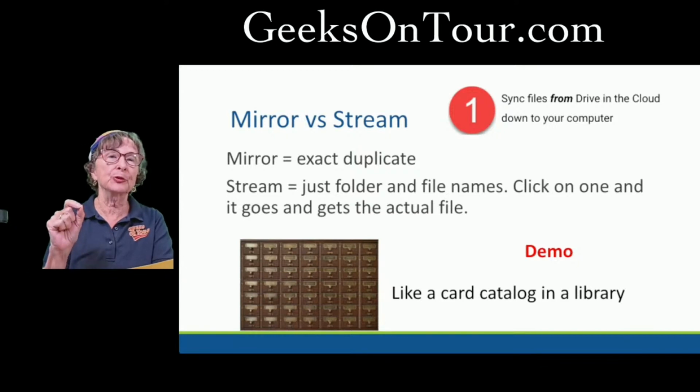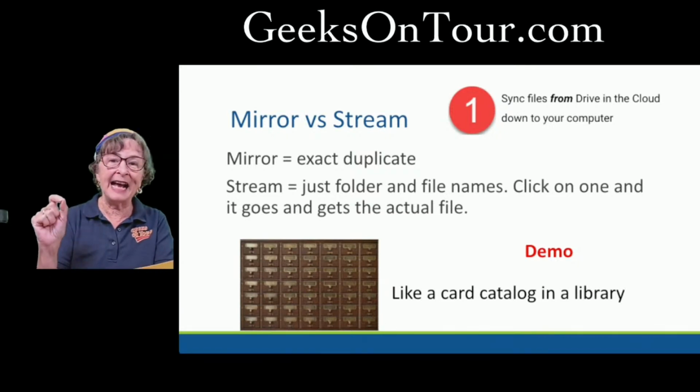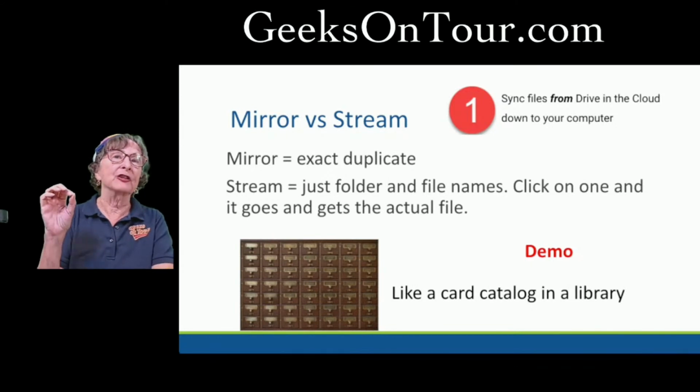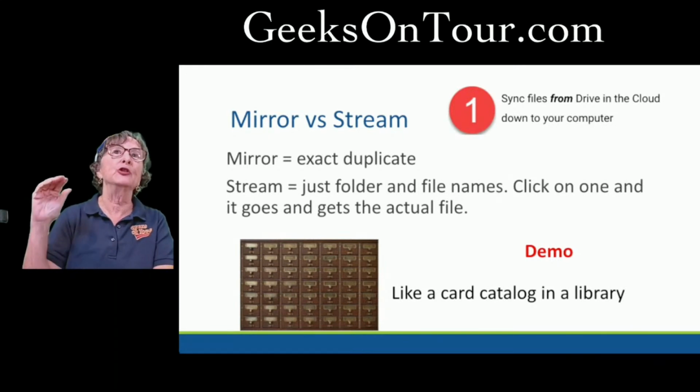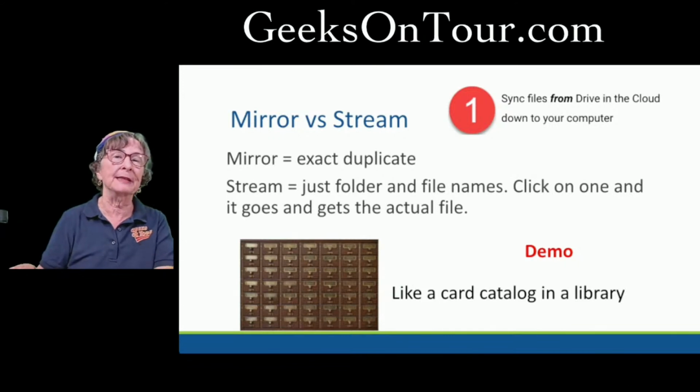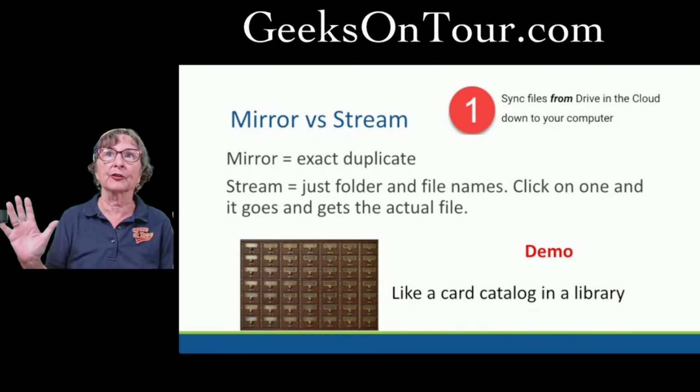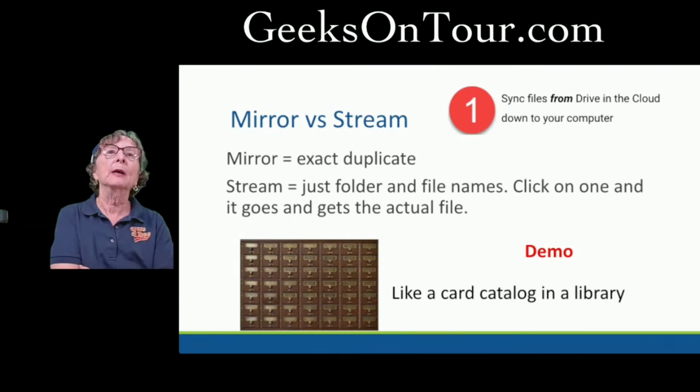If you choose mirror, it means it's an exact duplicate. If you have 50 gigabytes of stored files in your Google Drive and you mirror them to your PC, you are going to have 50 gigabytes of storage taken up on your PC, and there's no options.